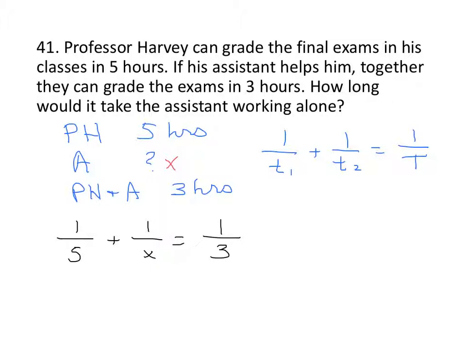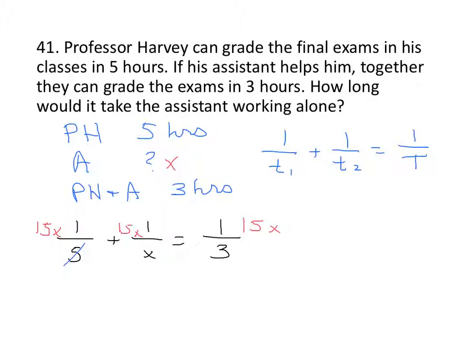Now our job is to find the least common denominator, which in this case is going to be 15x, and we're going to clear the fractions by multiplying everything by 15x. We're just going to multiply through. We're not going to do 15x over 15x, so we multiply 15x, 15x, and 15x.